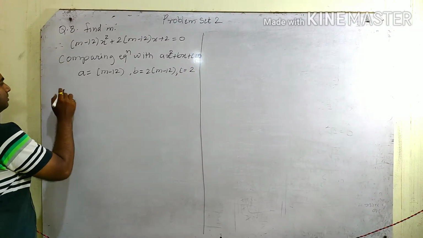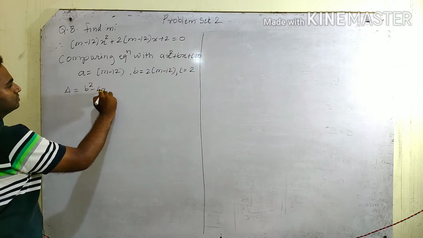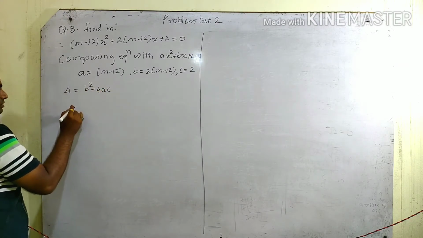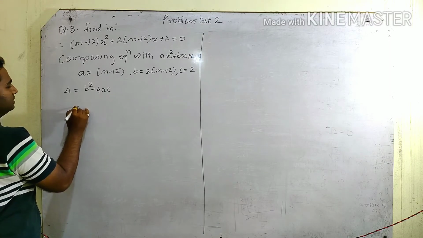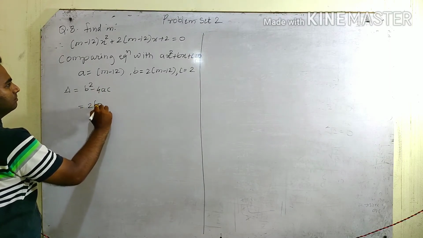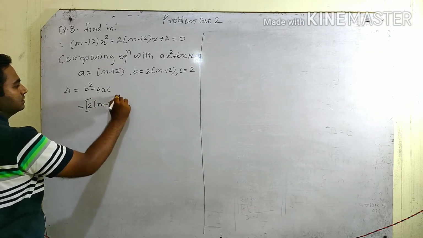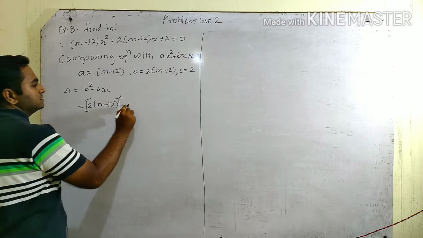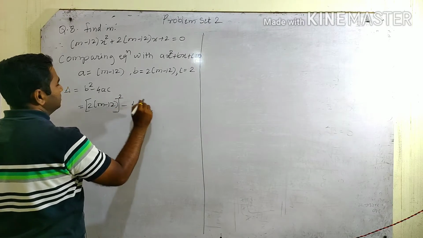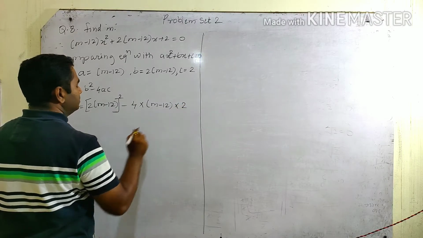Now we find out the delta, that is b square minus 4ac, because roots are real and equal. So b square is 2(m minus 12) in square bracket, minus 4 multiply a, m minus 12, multiply c, which is 2.